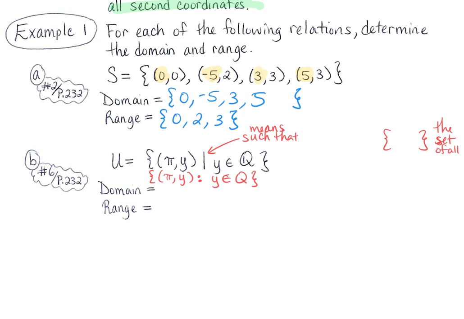So it's the set of all ordered pairs (pi, y) such that y, this symbol means belongs to or is an element of.